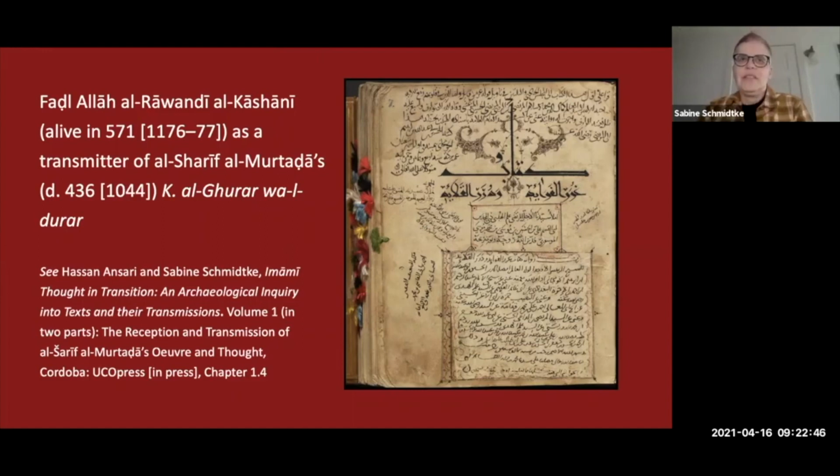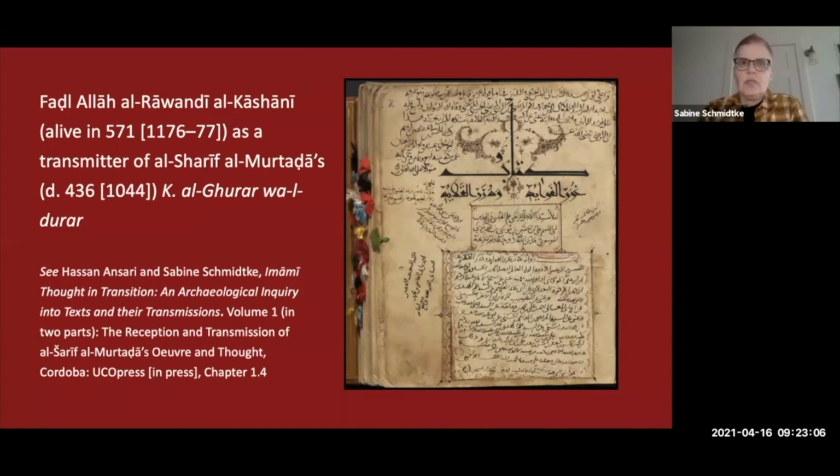The eminent status of the written tradition also gave rise from early on to scholarly methods among Muslims that in many ways predate some of the text critical approaches of modern scholarship. The 12th century Shi'i scholar Fadlallah Rawandi of Kashan is a case in point.